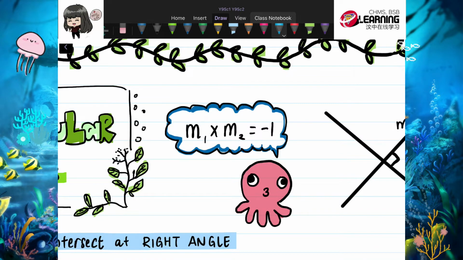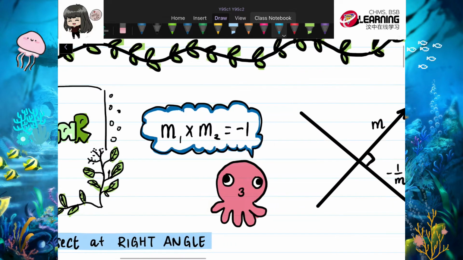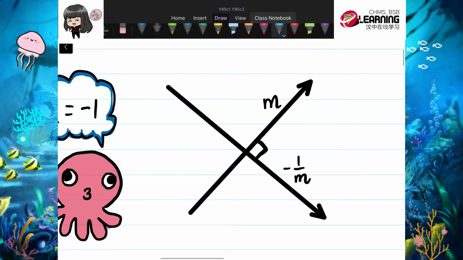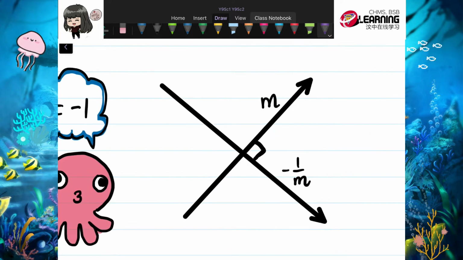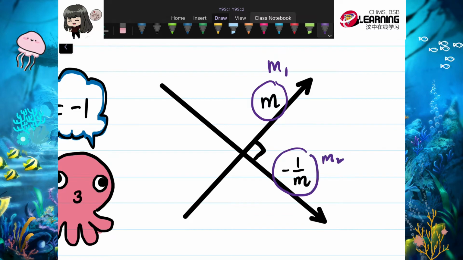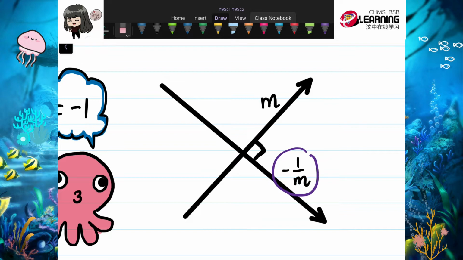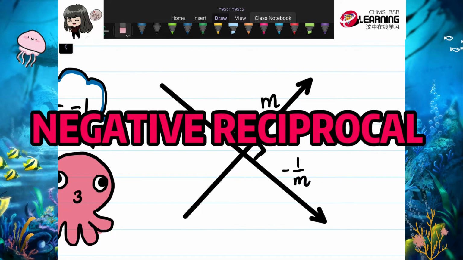For perpendicular lines, m1 times m2 becomes negative 1. An easier way to remember: if the gradient is m, the other gradient will be the negative reciprocal.